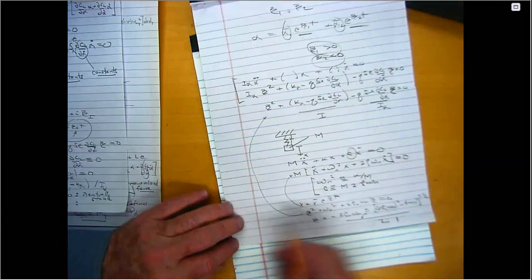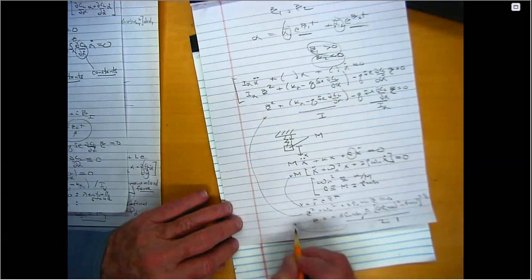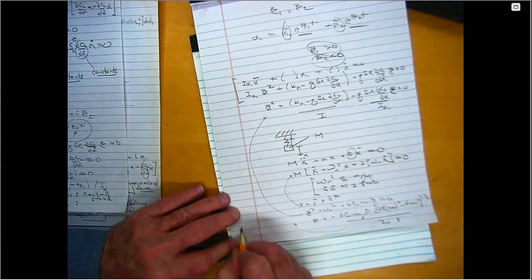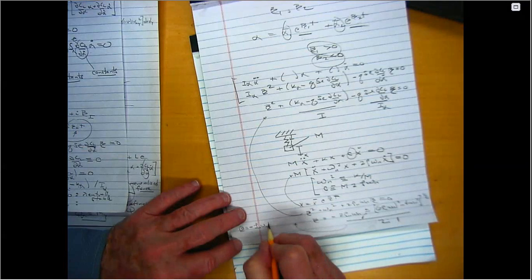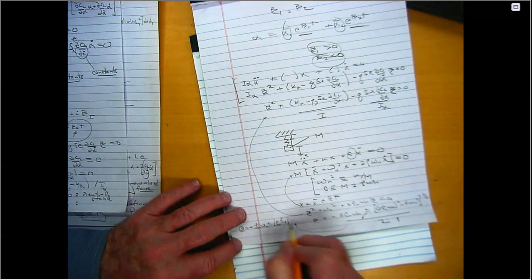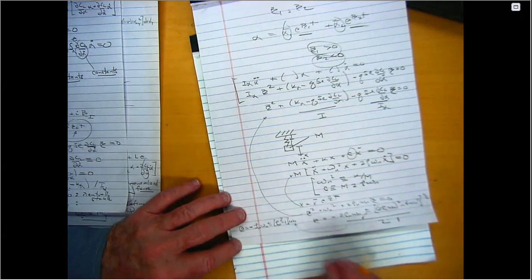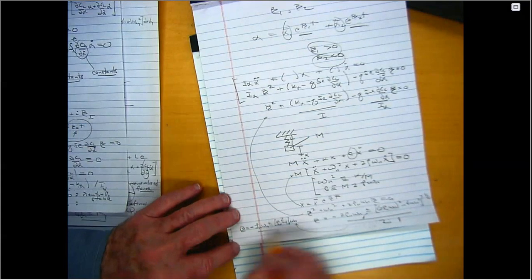Let me write over here. Beta is going to equal minus zeta n omega n plus or minus the square root of zeta n squared minus 1 times omega n. Right? That's what beta is going to be.